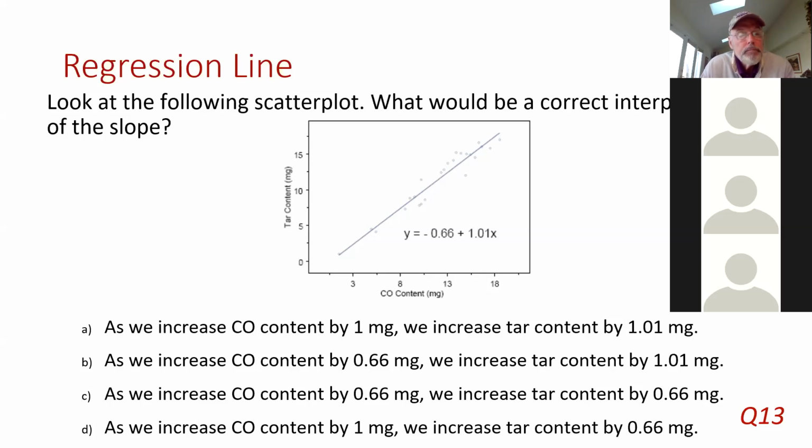Isn't this another situation where the definition of a slope is... Yeah, that's how I interpreted it, just like the question before. The only time you'd use the y-intercept is when you actually see it intercepting, no? Well, here's the slope right here, right?